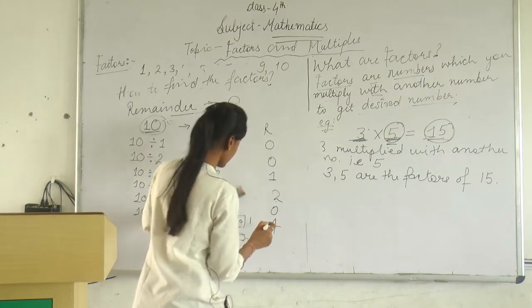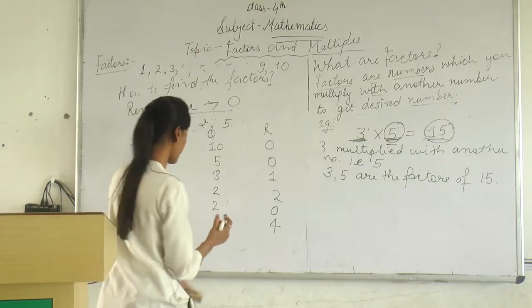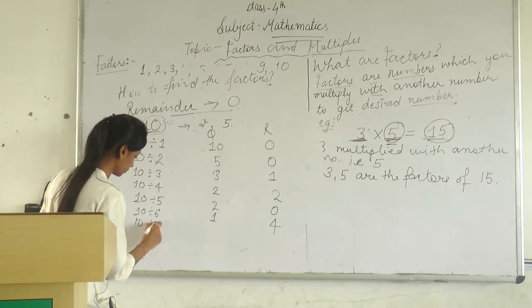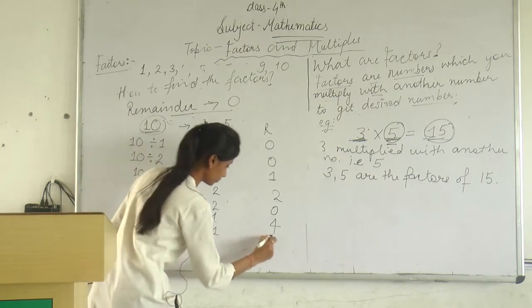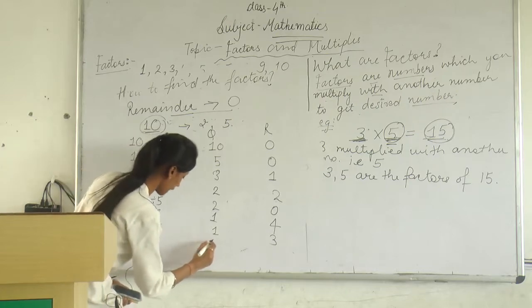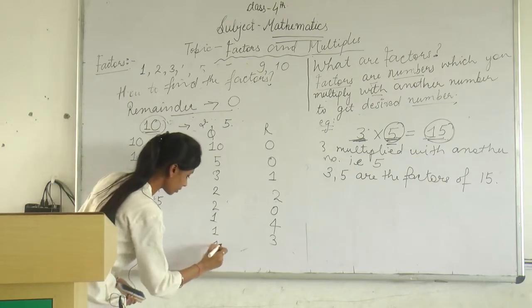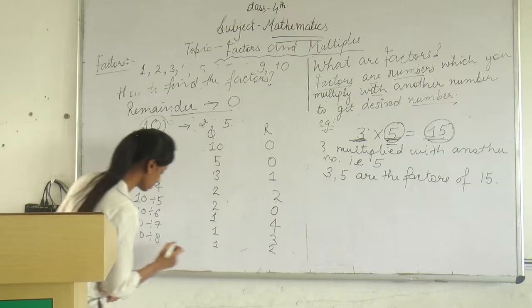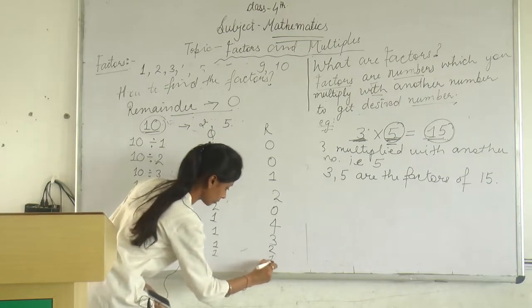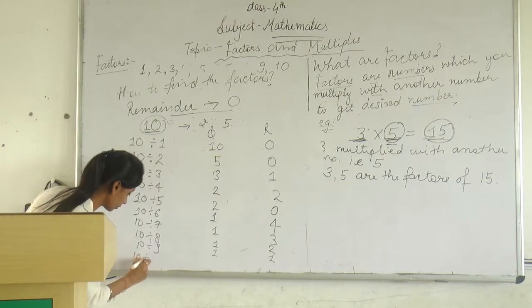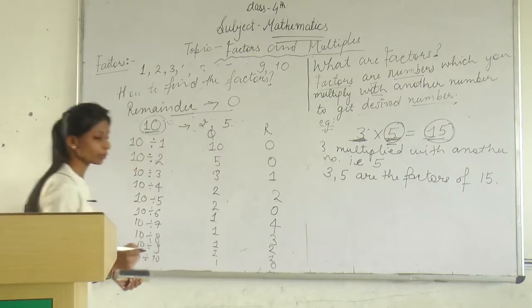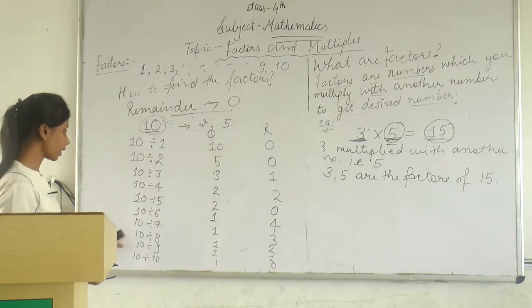So, 6 is also not a factor of 10. Like this, I am dividing the other numbers. Now you can see up to 10 I divide the numbers.